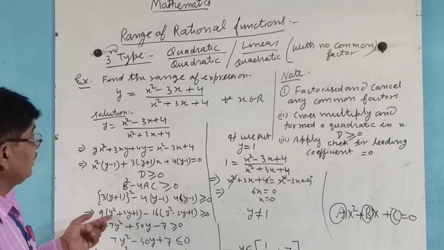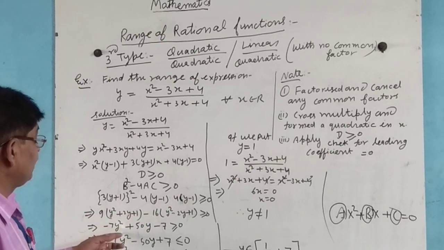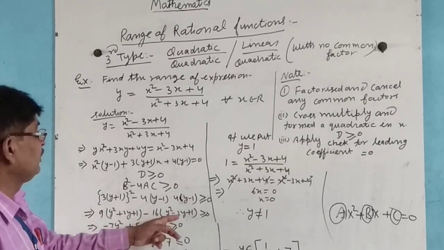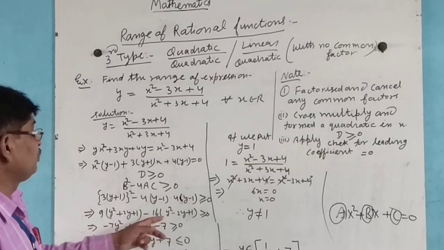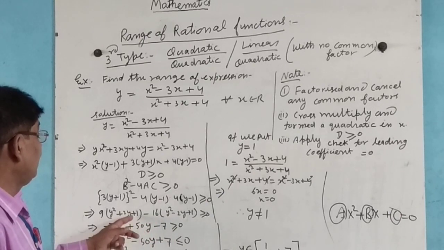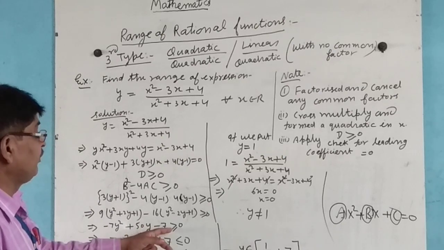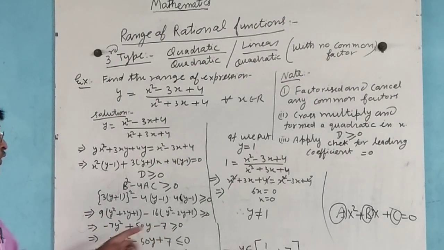Now 9y square minus 16y square, that is minus 7y square, and 18y and 32y, that is 50y, and 9 minus 16, that is minus 7, greater than or equal to 0.